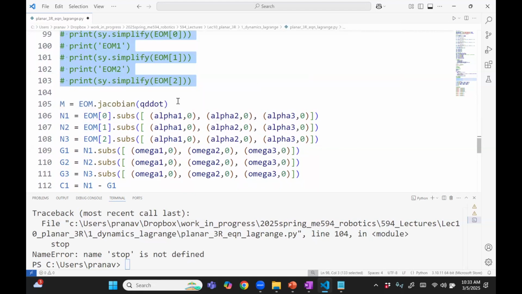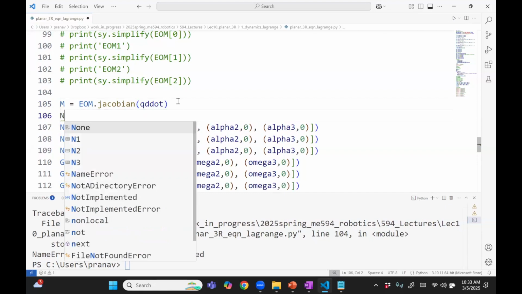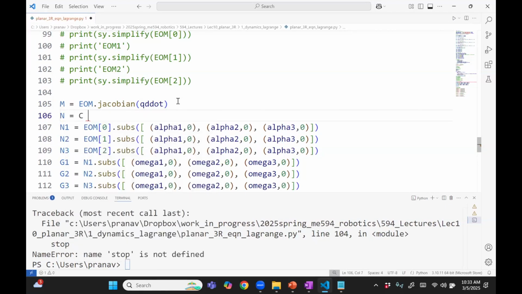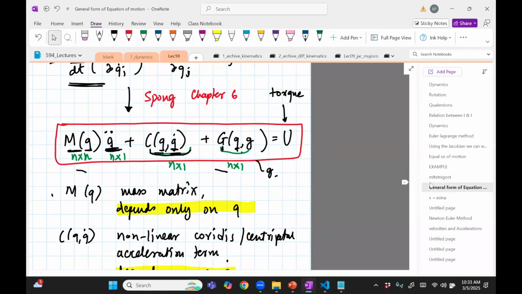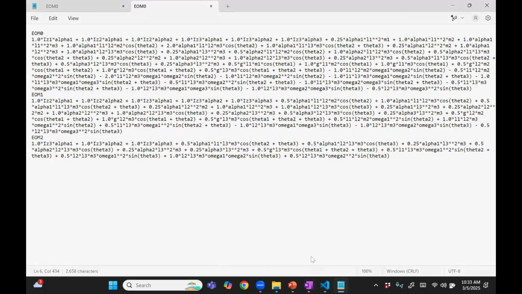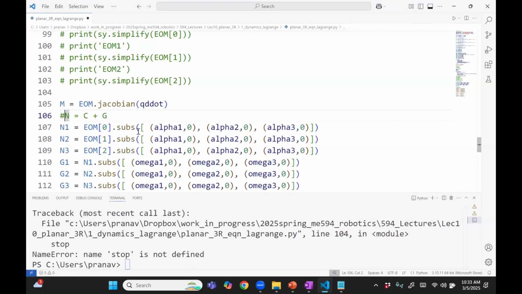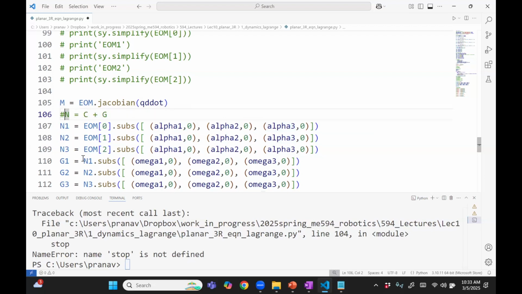Here what I did is slightly different. I said N equals C plus G. To get C plus G, let's go back to the equation. If I want to get C plus G, I just put Q double dot equal to 0, and that's what I did. I put all those accelerations to be 0. So alpha 1, alpha 2, alpha 3 accelerations are 0. So I got N1, N2, N3.